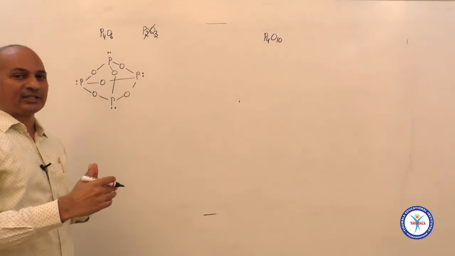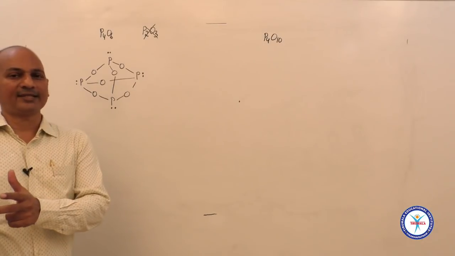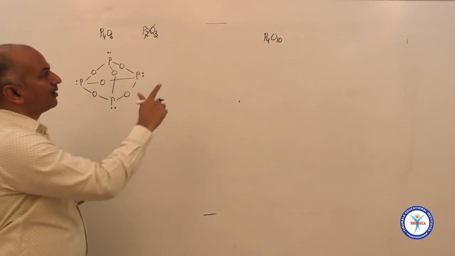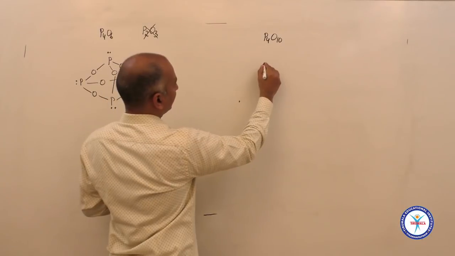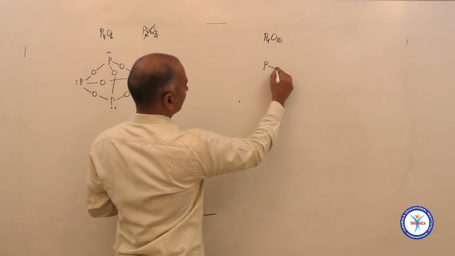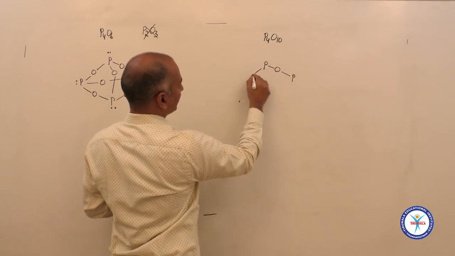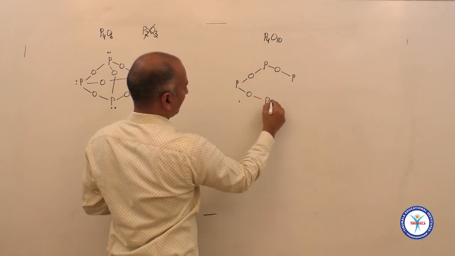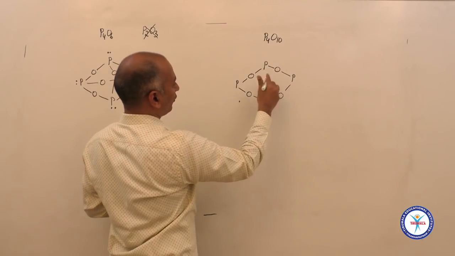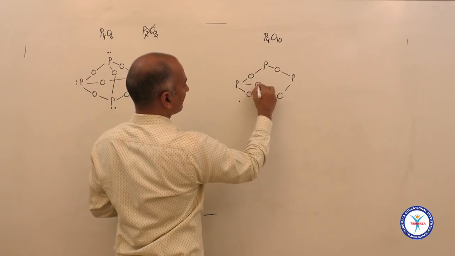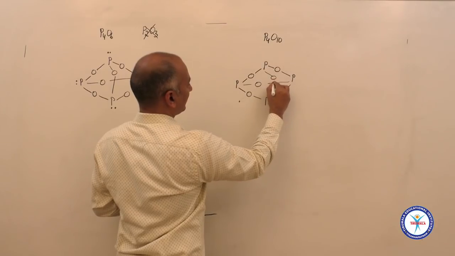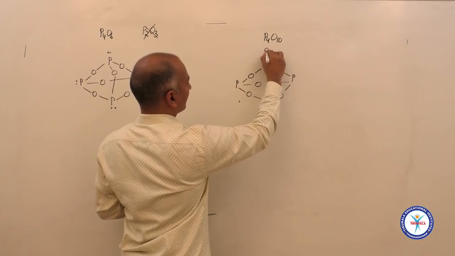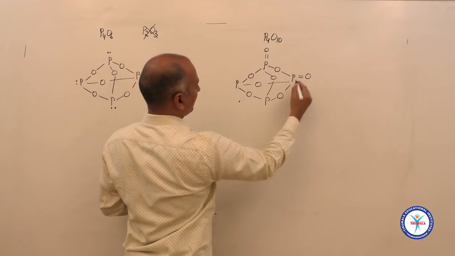So wherever P2O3 is written, you just take it as P4O6. If you come to P4O10, then its structure is to large extent similar to P4O6. Only thing is that here there are additional 4 oxygens, and those 4 oxygens are bound to phosphorus atoms.